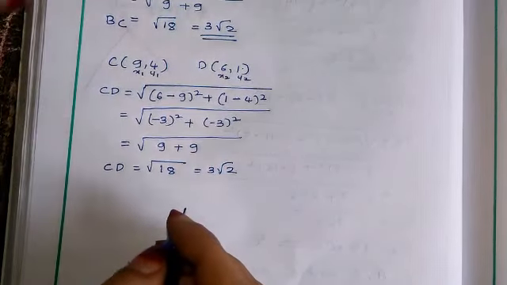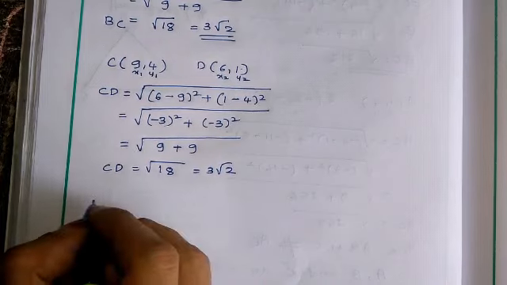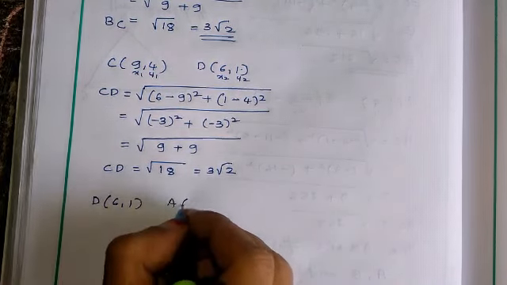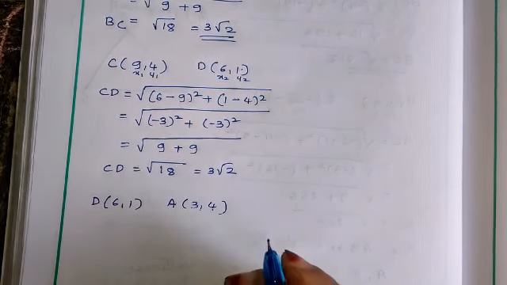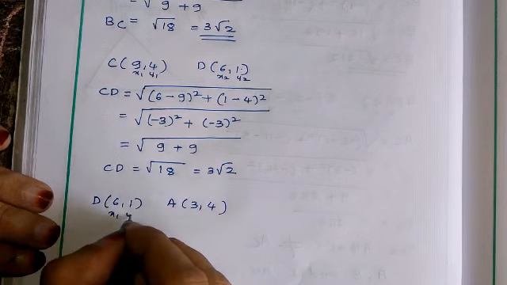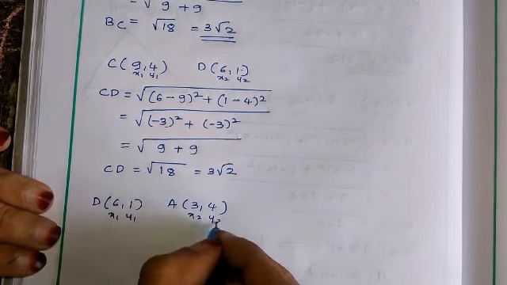Okay. Now let us go for DA. D is 6, 1 and A is 3, 4. AB we finished, BC we finished, CD we finished, DA.